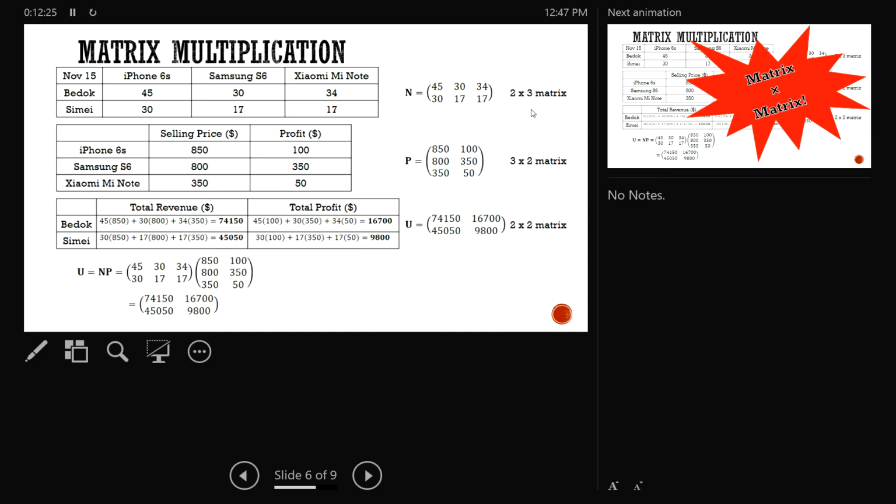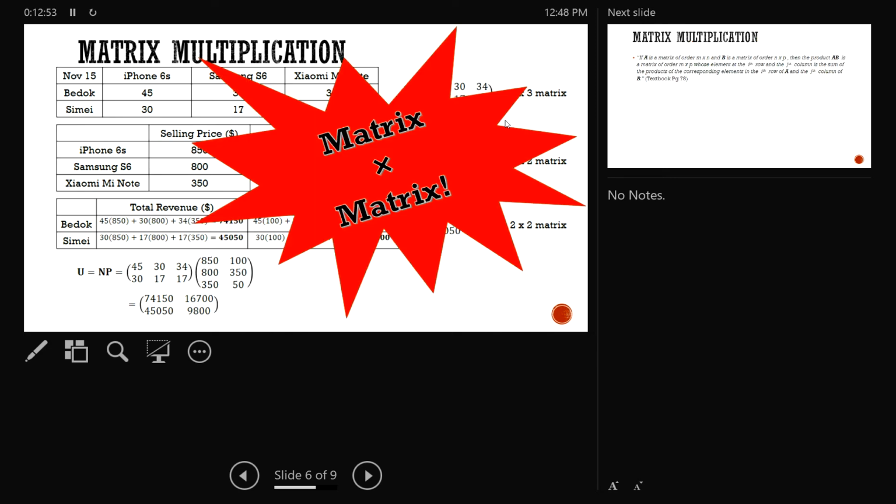Add them all up, I get this number. Second number, this row multiplied by this column. For this element, second row, first column. For this element, second row, second column. You are expected to be able to do that without a story given to you. Okay? So there is some memory work that you have to do. That is, you must know how to get all these numbers. Can? Okay, next thing. So this is a matrix multiplied by matrix now.